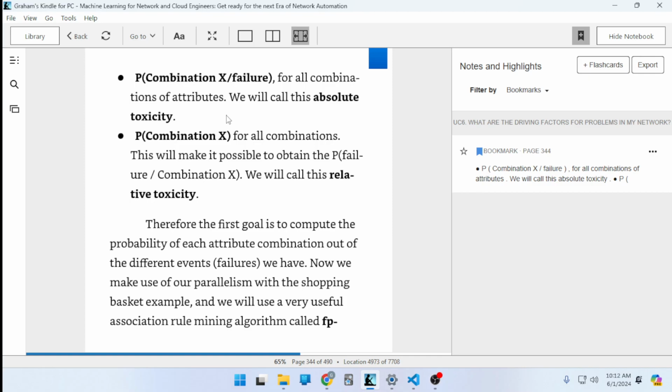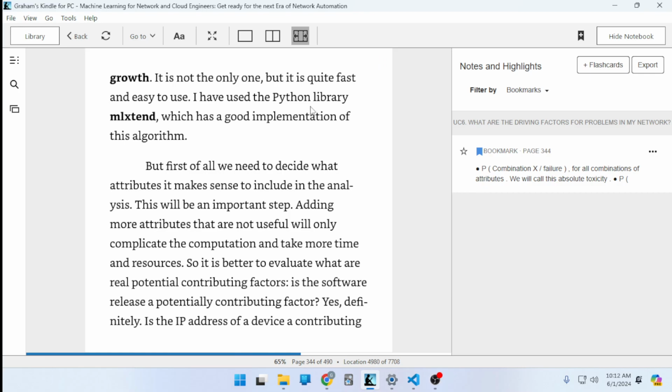Therefore, the first goal is to compute the probability of each attribute combination out of the different events failures we have. Now we make use of our parallelism with the shopping basket example, and we will use a very useful association rule mining algorithm called FP growth.